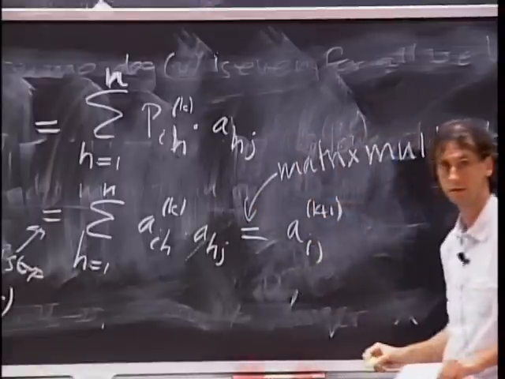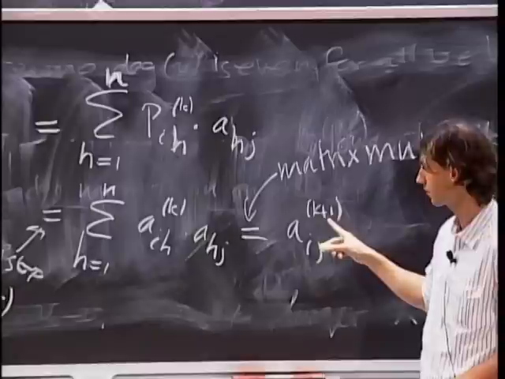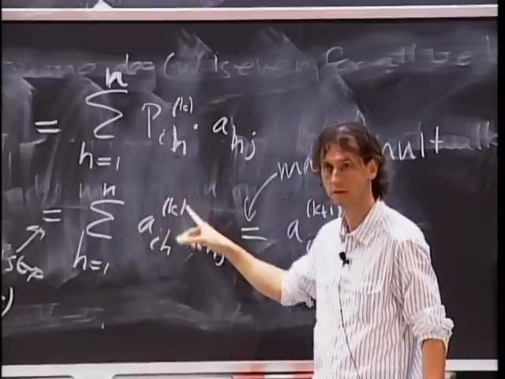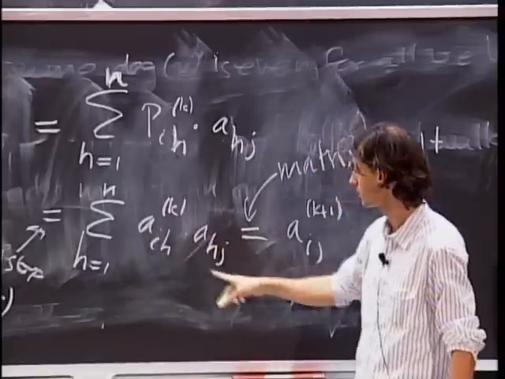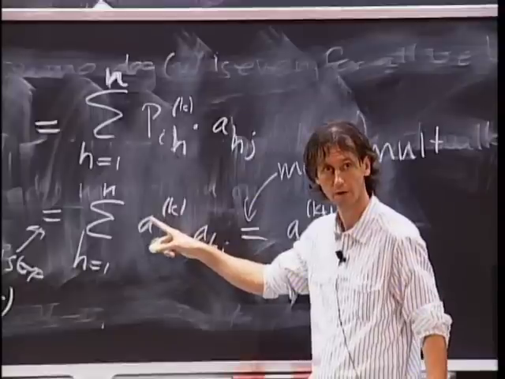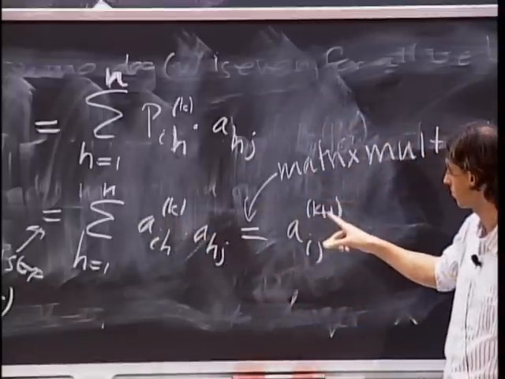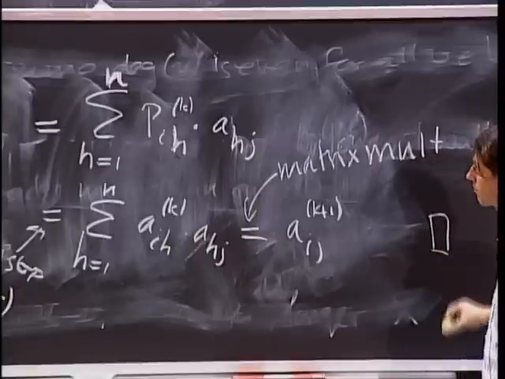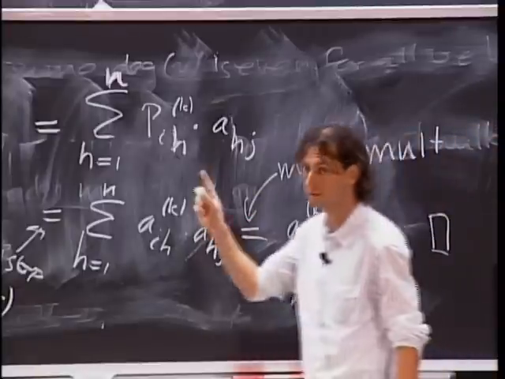So the ijth entry in the k plus 1th power of the adjacency matrix. Here we have, this represents the matrix of the kth power. This represents the matrix of A. So we multiply essentially A to the power k times A, and we get A to the power k plus 1. And that's what we see here. So this is the induction step. And so this proves the theorem up here.